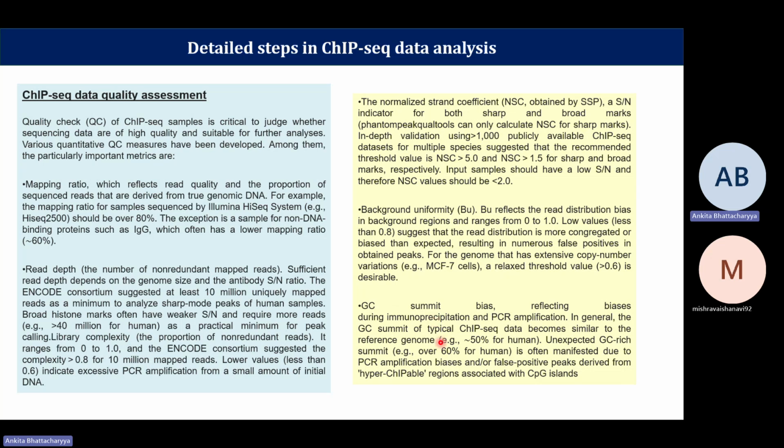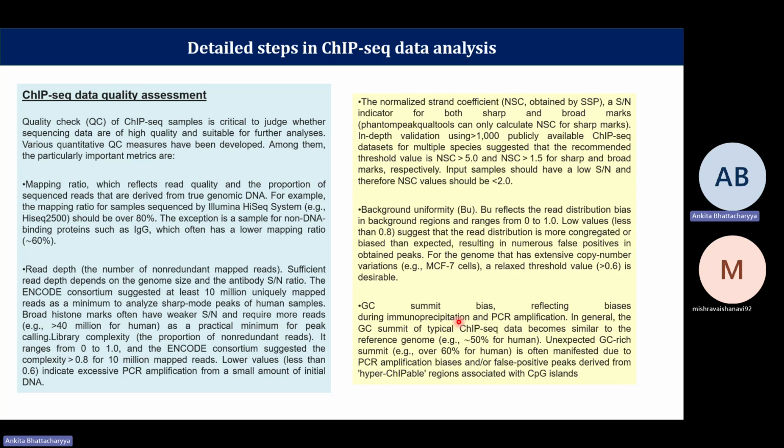Then you have GC summit bias, which reflects whether there is bias during the IP step or when you have actually performed PCR to amplify your DNA. So generally the GC summit, which is similar to percentage GC, which is considered during primer designing also. In general, the GC summit of typical ChIP-seq data becomes similar to that of the reference genome.